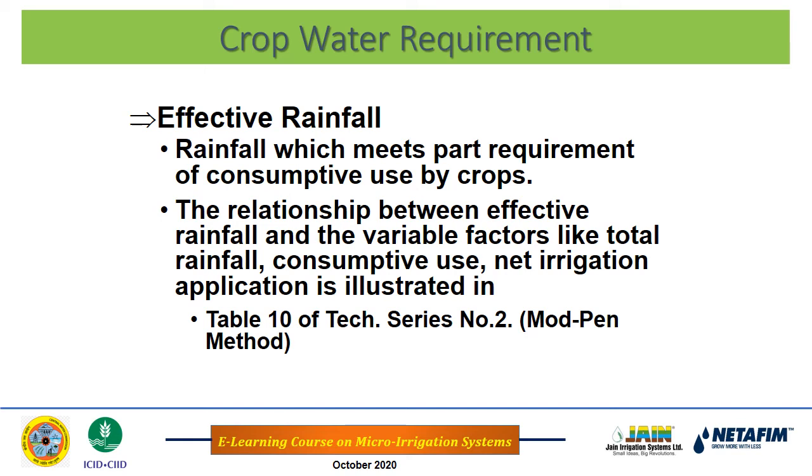Once we know some of these data for a corresponding crop and the rainfall data, based on the normal rainfall data and the other data, that is consumptive use or net irrigation application, we can get the effective rainfall. That effective rainfall will contribute to part of the crop water requirement.